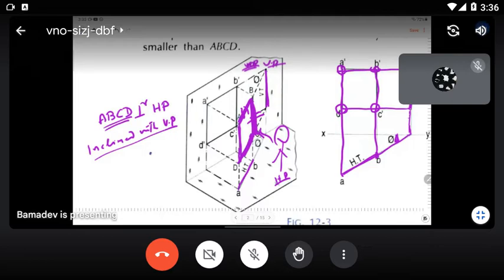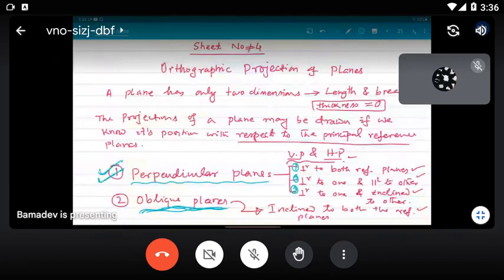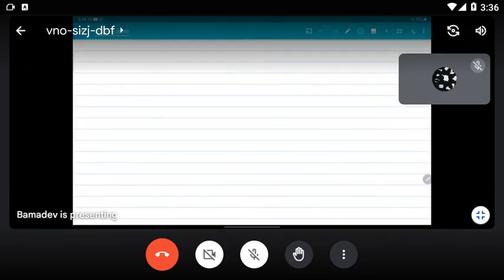Right? So I will redraw it so that it will be easy for understanding. This is the reference line XY. This is the vertical trace.